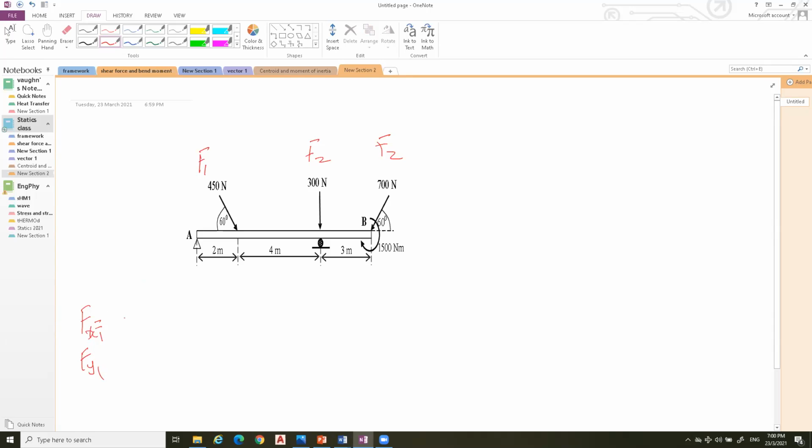Can somebody tell me the component of the F of X for the first force? The force I said, the component of the force. You never asked the distance. Just the component of the force I want. So I want the component of the 450, in the X and the Y. So give me the X one.